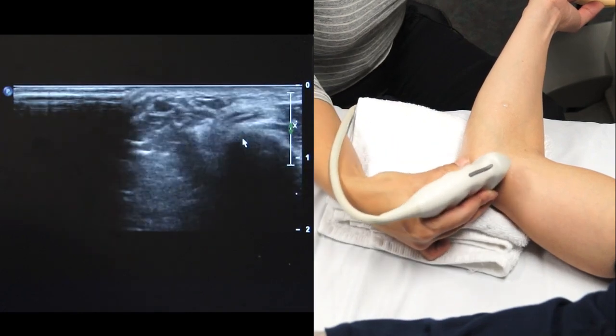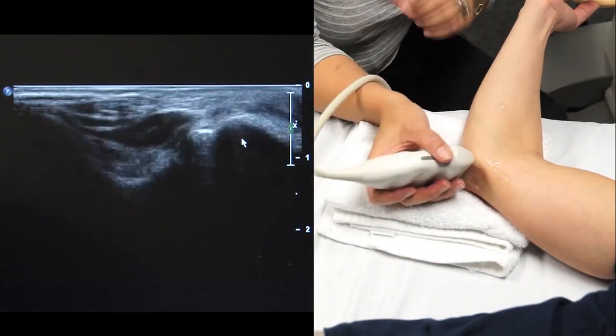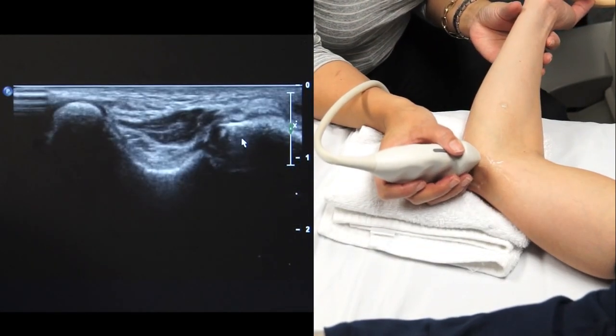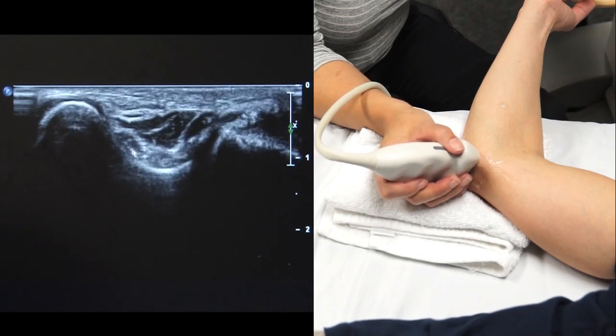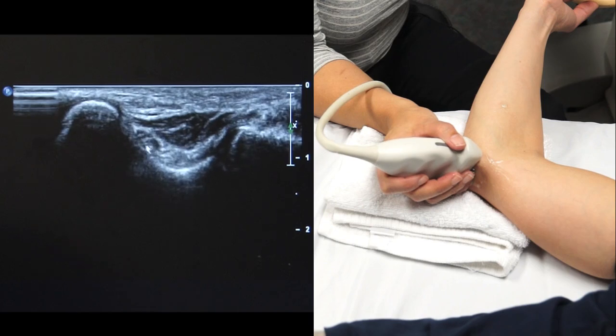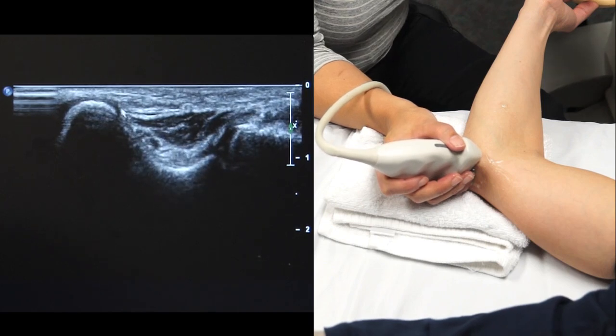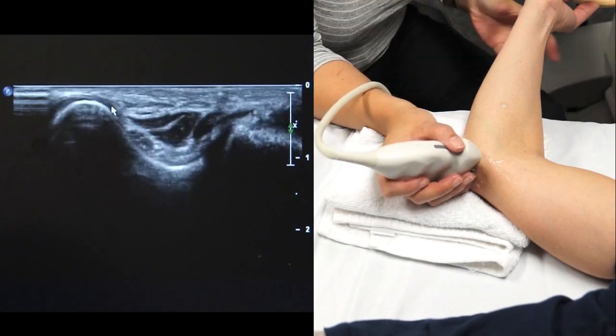One other thing to test for is for ulnar nerve subluxation. So again, you place your transducer across your two bony landmarks. You look at the nerve here. Now, if the nerve is subluxing or dislocating, it will slide up and hook over the medial epicondyle and even move anteriorly in severe cases.